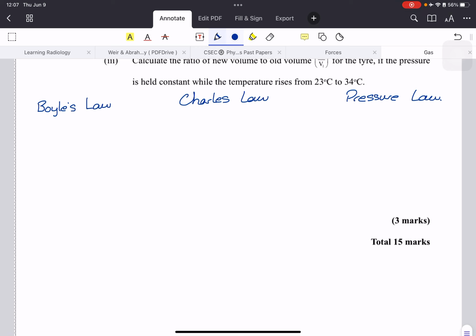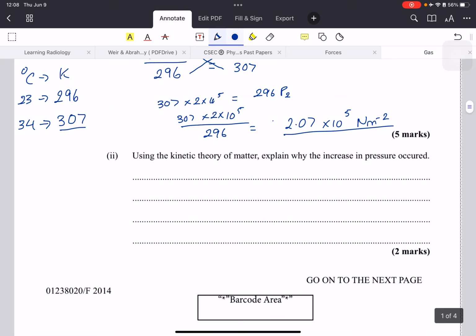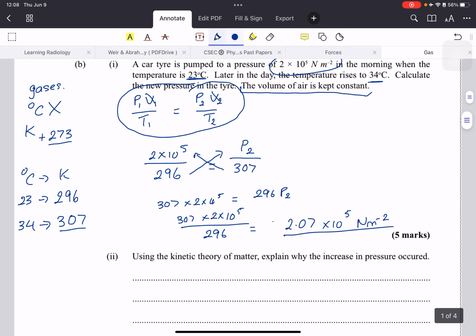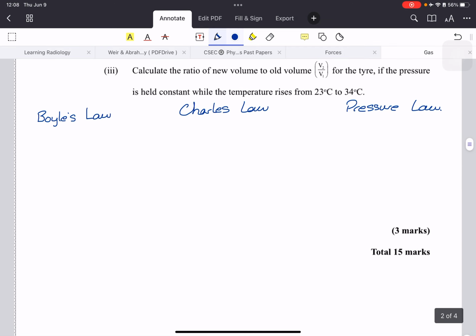Okay, very simple. So essentially in Boyle's law, temperature is constant, right? So you see how like we had over here the volume is constant in this equation. Well, Boyle's law states that the volume of a gas is inversely proportional to the pressure when temperature is constant.